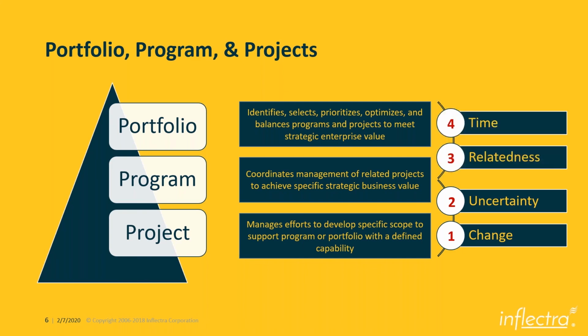And when you're looking at that, there are two additional concepts that keep coming up. That's going to be relatedness and time. These projects that you will be working on within the portfolio, or the programs that you will be working within a portfolio, may not necessarily be related, but that's our fundamental definition of program. All the projects are related. And so program management gives you the benefit of how you orchestrate everything together that is related.